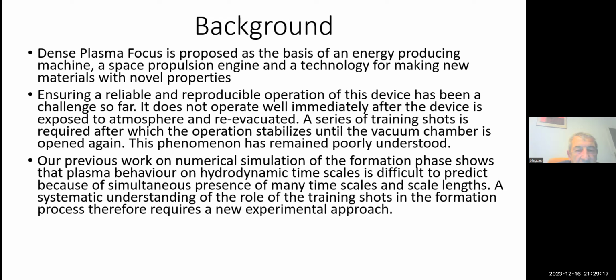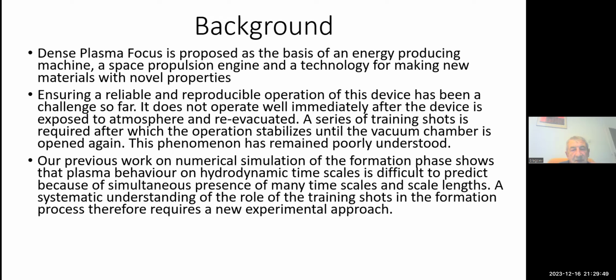Our previous work on numerical simulation of the formation of the breakdown in the PF machine showed that plasma behavior on hydrodynamic time scales is difficult because of the simultaneous presence of many time scales.